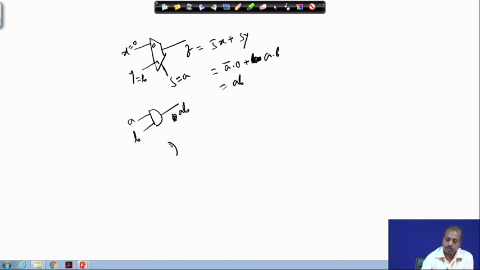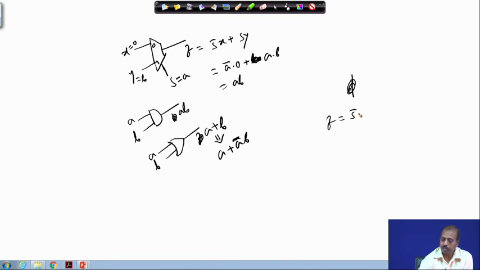Can I get an OR gate? For the OR function, what I need is inputs A and B, and this F should be A or B. This A or B can also be written as A or A bar B. We have seen that these two expressions are equivalent, A plus B and A plus A bar B. So, if I take this S as A, and take y equal to 1, then I have f equal to s bar x plus s y, which turns out to be s bar x plus s.